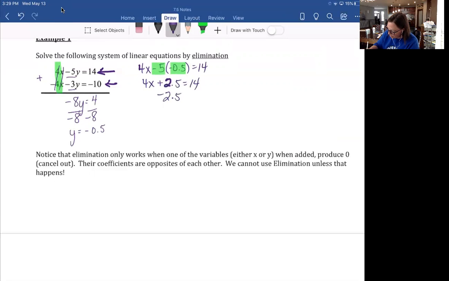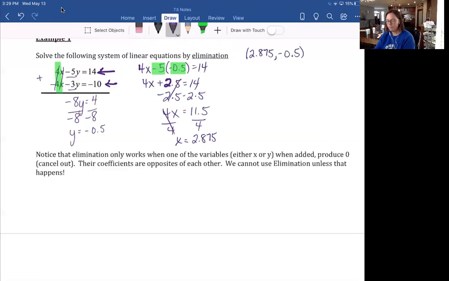I'm going to minus 2.5 from both sides. 4x is going to equal 11.5, and I'm going to divide by 4, and x is going to equal 2.875. So my solution is (2.875, negative 0.5).